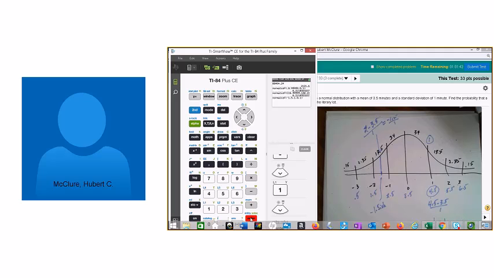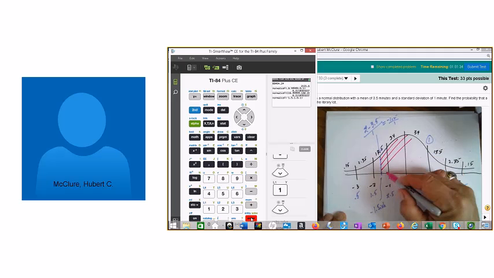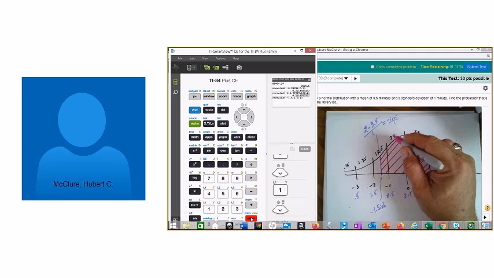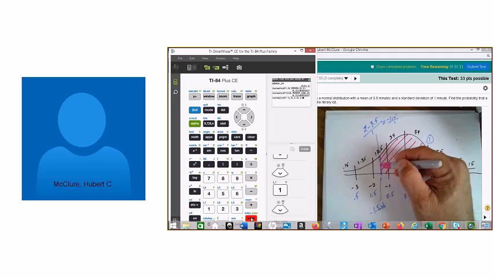And enter. Now let me take my handy-dandy empirical rule, and I'm going to guesstimate. 34 and 34 is 68, and half of 13 or half of 14 is 7.